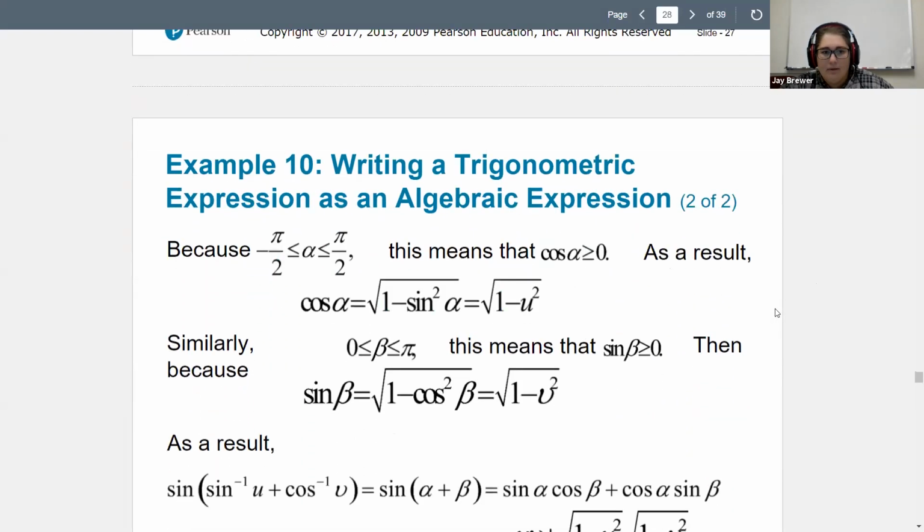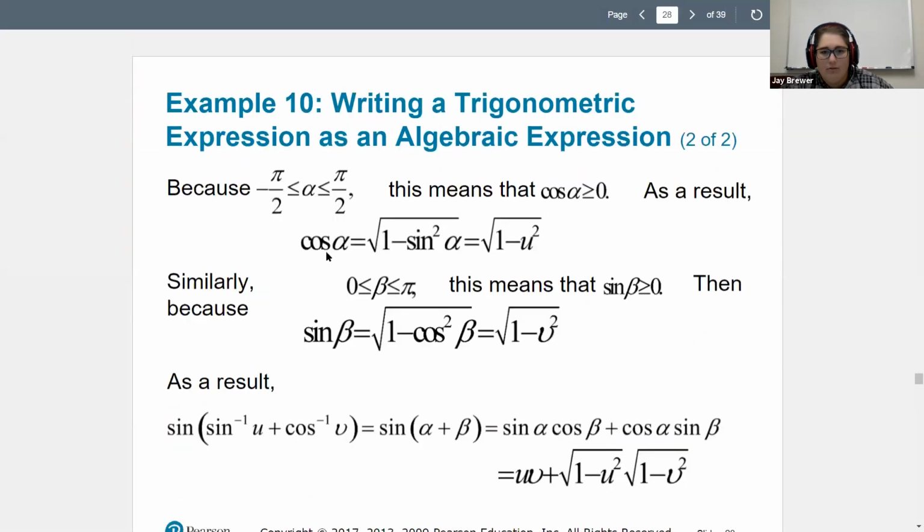Okay. Because negative pi over 2 is less than or equal to alpha, and alpha is less than or equal to pi over 2, that means we're looking at a cosine of alpha that's greater than or equal to 0. So we end up with the cosine of alpha equal to the square root of 1 minus sine squared alpha.